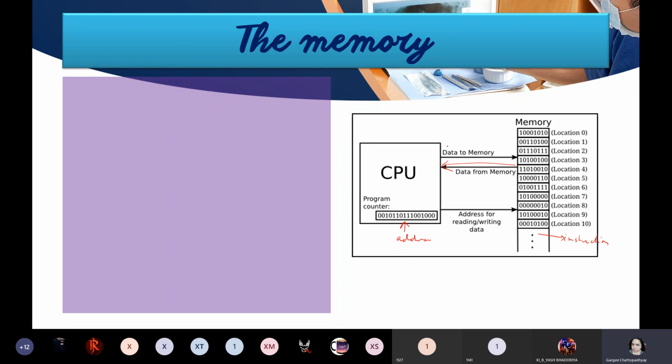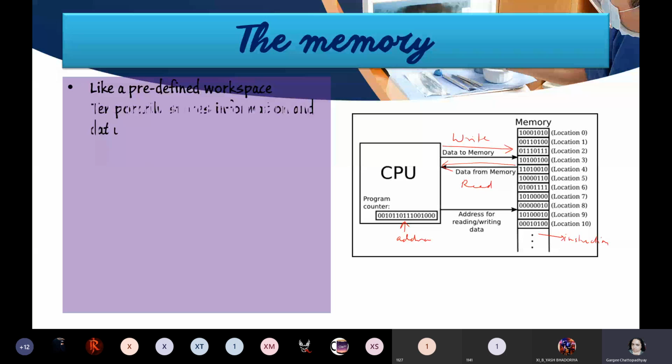If I have to save something to the memory, then the CPU will send that data to the memory. Sending data to the memory is a memory write operation, and extracting data from memory is a memory read operation. Memory is like a predefined workspace, temporarily storing information and data.